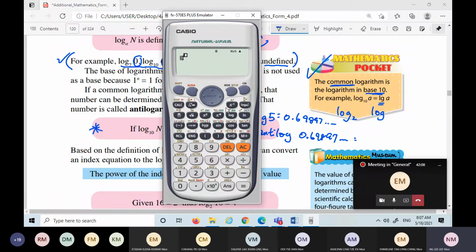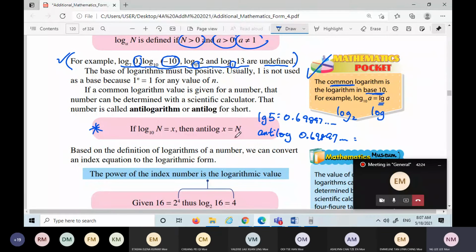You can see here is 10 to power x. I put in the answer and then equal. See, I get back 5. So log and antilog are like brother and sister. This is the meaning of antilog. Next, this one nothing.